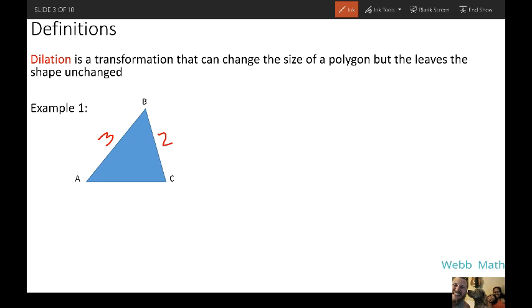And AC also has a distance of 2. Since we got our sides, let's talk about the angles. This angle right here is 40 degrees. And these two angles are both 70 degrees.